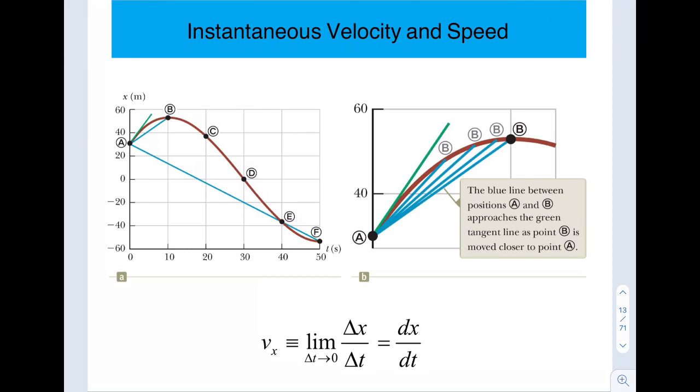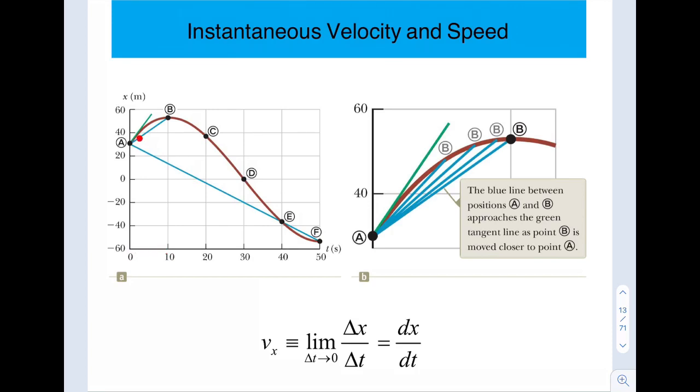And if we want an even smaller time interval, we can take the blue line and make it smaller. The blue line between position A and B approaches the green tangent line as point B is moved closer to point A. So throughout this, the time taken is 10 seconds.